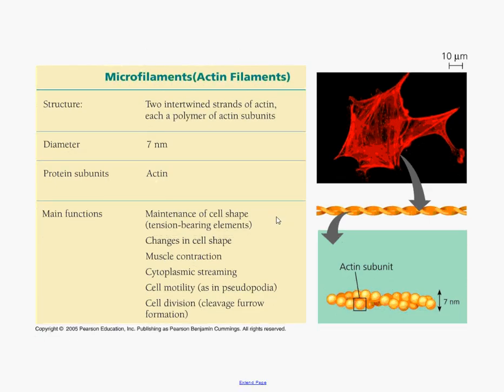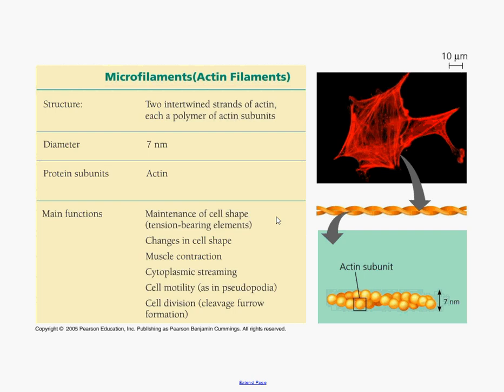The smallest type of cytoskeleton are called microfilaments. This particular example of microfilaments are made from a protein called actin. There are others, one called myosin, for instance, that is also there. These are more solid rods, whereas the microtubules were flexible structures.